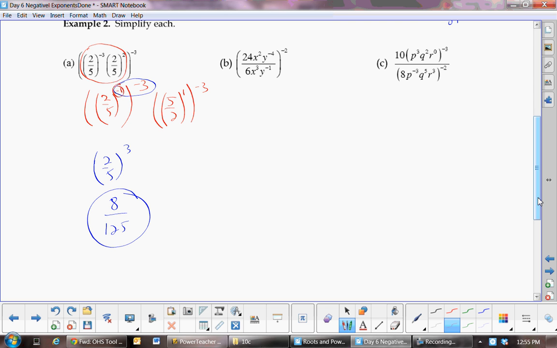Now, I want to make it happy again, so it'd be 2 over 5 to the 1 to the 3. And now look what I have. So you can do it that way, it's just a bit more work. If you actually multiply your power to powers out first, it'll save you some work.